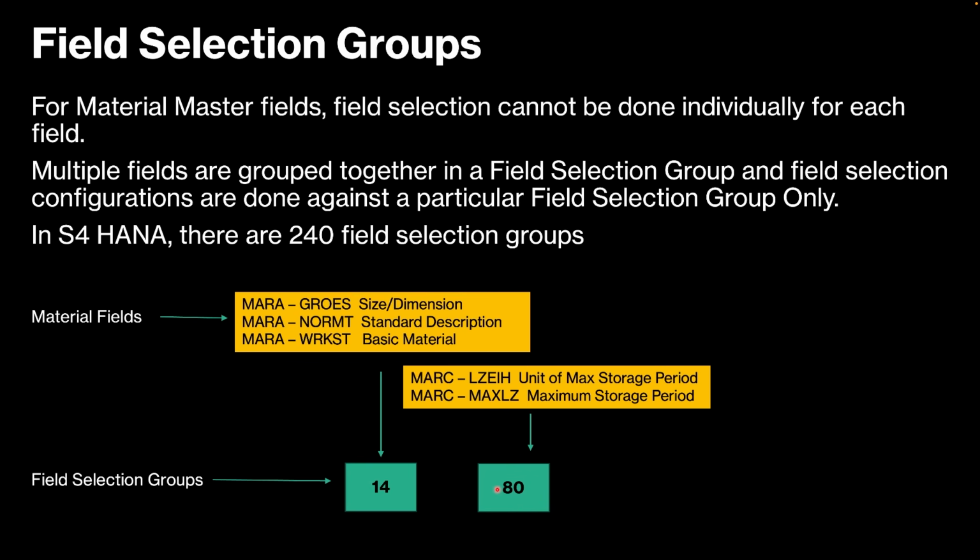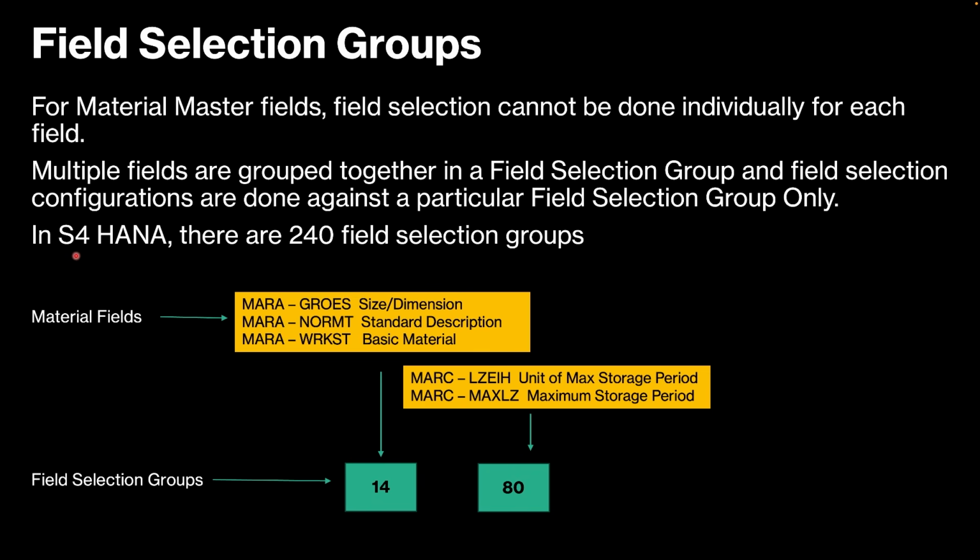And whatever setting you will do against the field selection group, same setting will apply to all the fields which belong to this field selection group. So if you do configuration for this field selection group 80 as mandatory, then both these fields will become mandatory in the material master. Now what you can do is you can change the assignment of any field to the field selection group through configuration, and then you can do field selection as per your requirement.